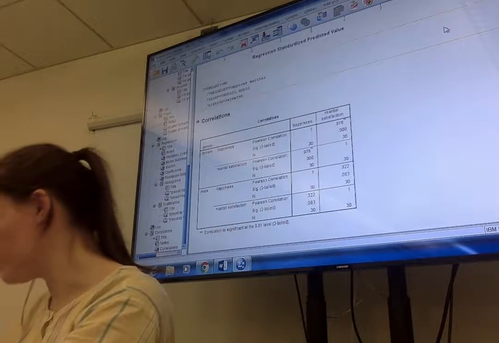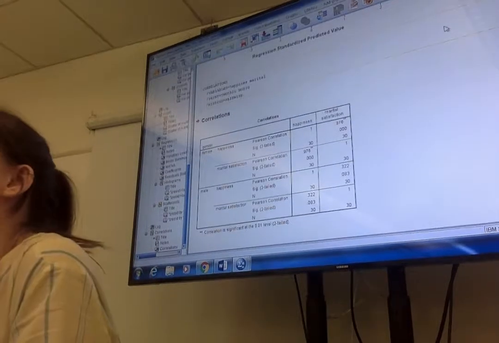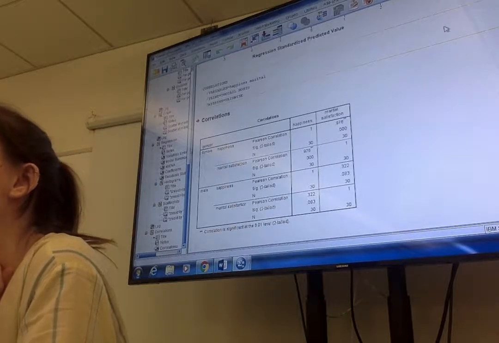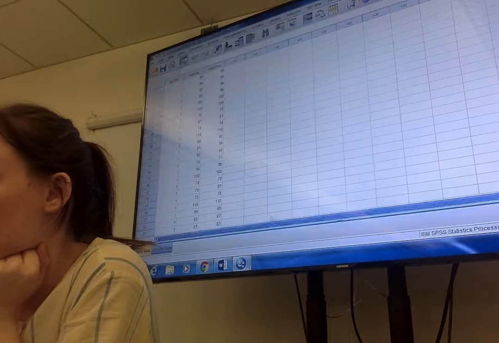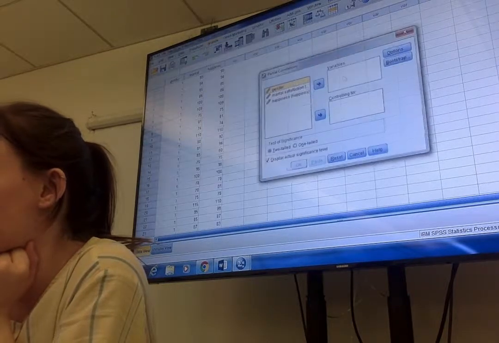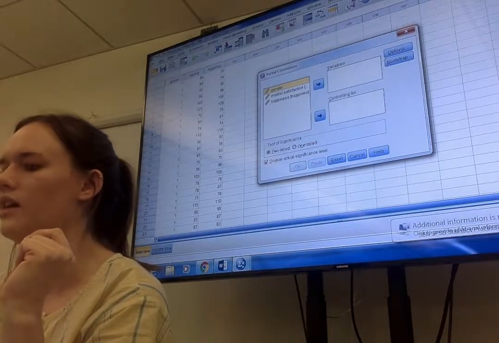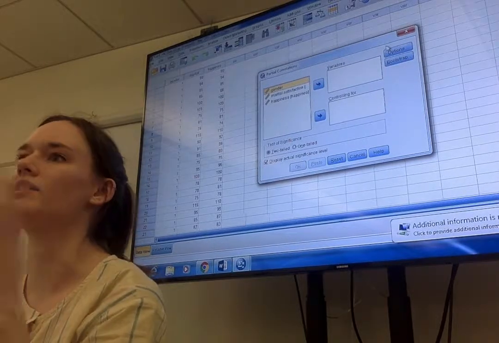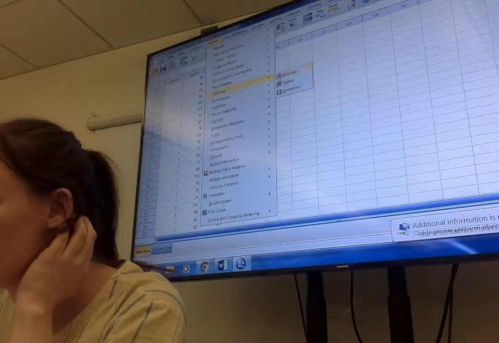Sorry, this is probably super obvious, but why are we doing bivariate instead of...? Yeah, so what were the other options? Partial. So these are different types of analyses. Partial correlations are just other ways of running it, basically.